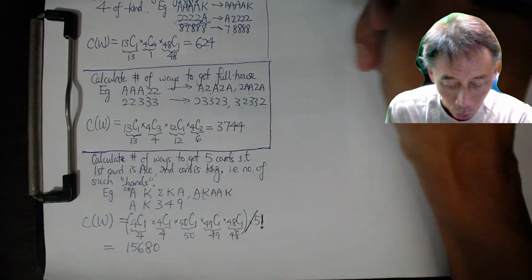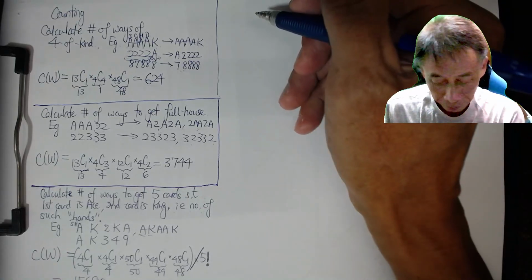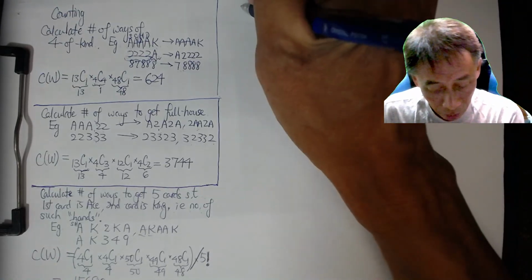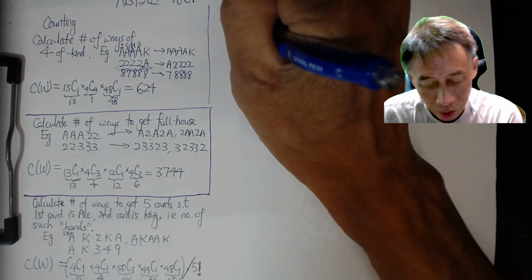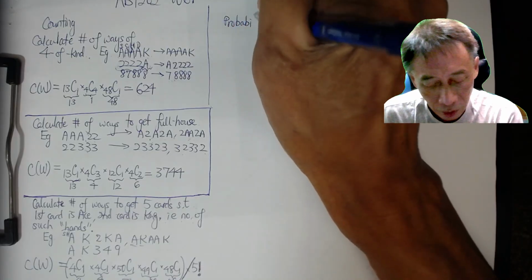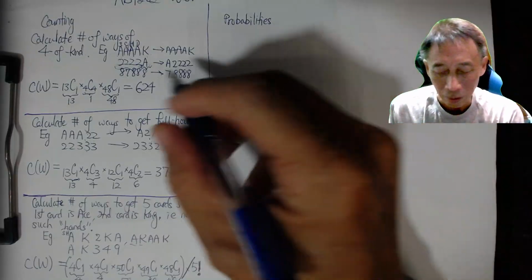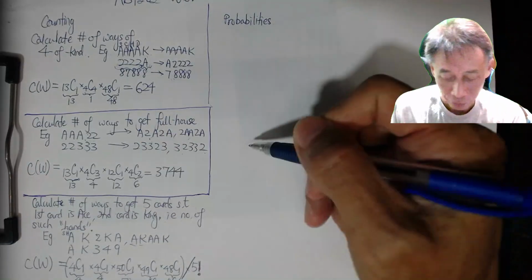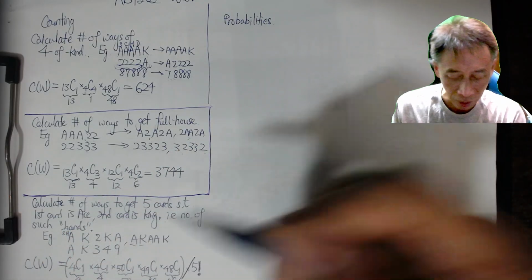Okay, so all these have been counting, and the same question can be rephrased in a quiz or test by calculating the probabilities of getting four of a kind, full house, or the 5-card combination such that the first card is ace and the second card is king.